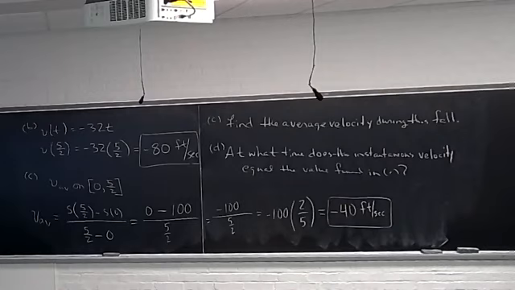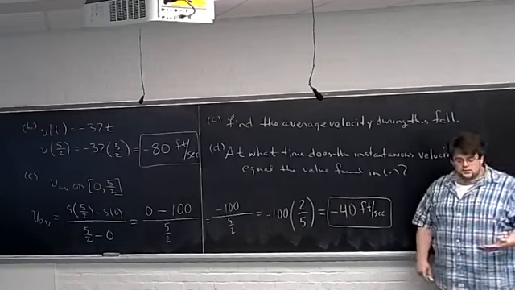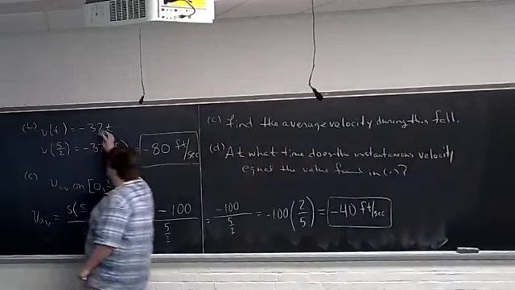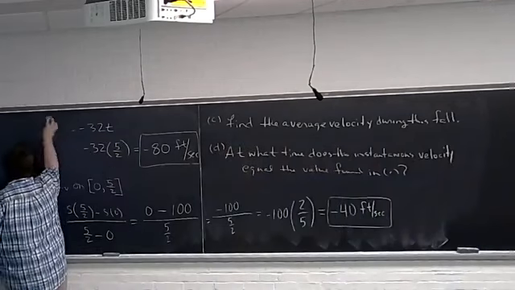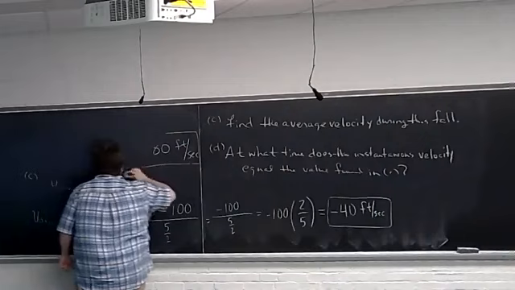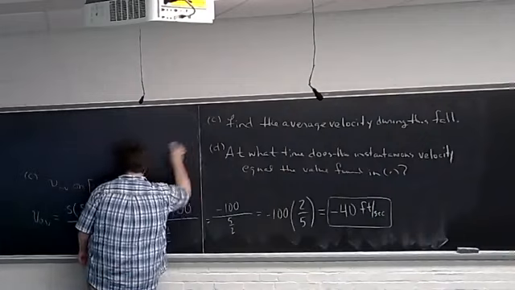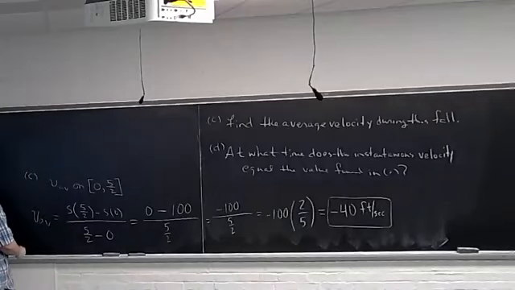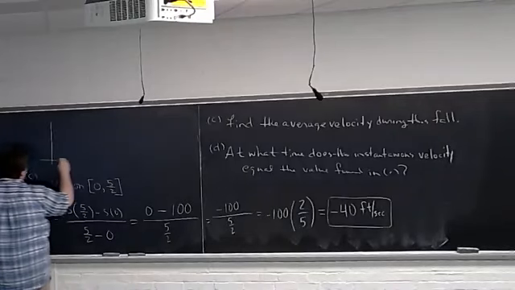So we have here an average velocity. The mean value theorem tells us, and if you watched the mean value theorem video, then you've seen this. If you haven't, well, this is what you need to know.